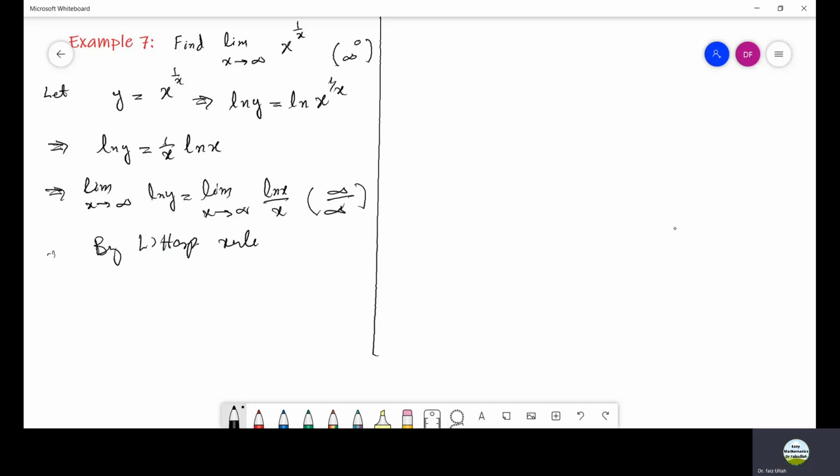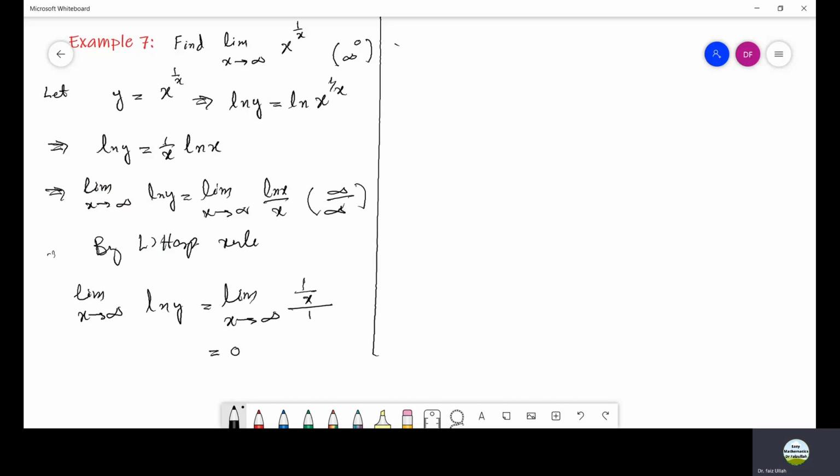According to the L'Hopital rule, we can write limit x approaches to infinity, ln y is equal to limit x approaches to infinity, differentiation of log x is 1 over x and differentiation of x is 1. So now if we plug in the limits, 1 divided by infinity is 0.